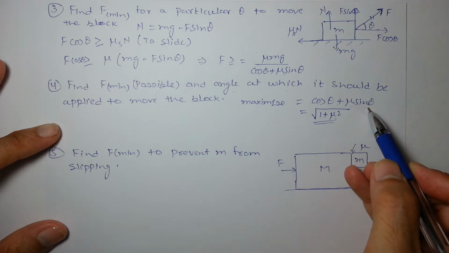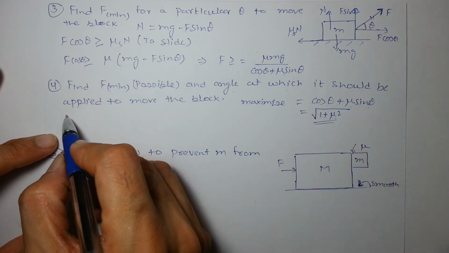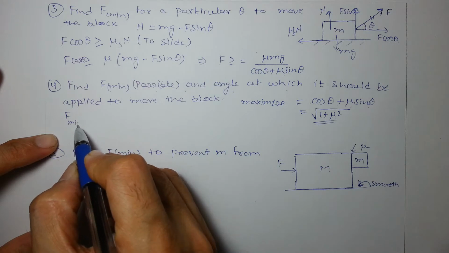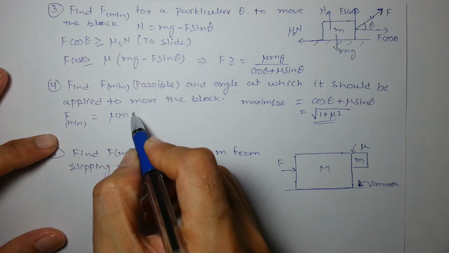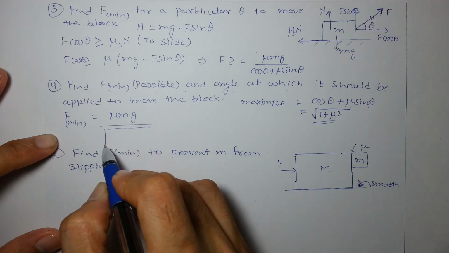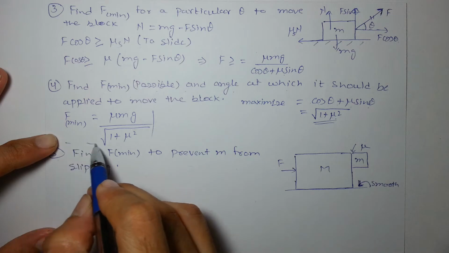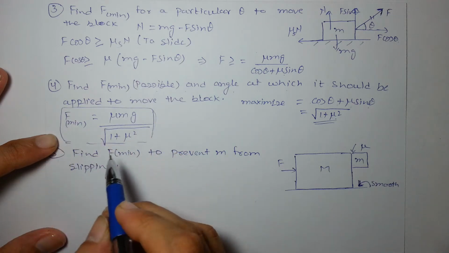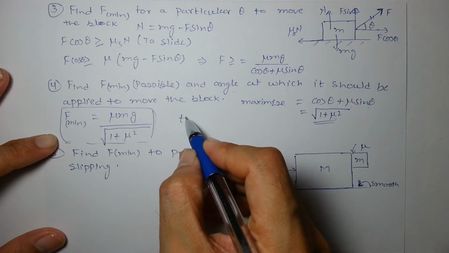And the minimum force, F min, will be nothing but mu mg by root of 1 plus mu square. This is a very, very important and famous expression, and this should act at angle theta.